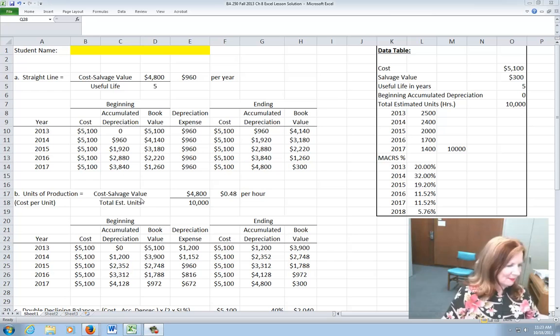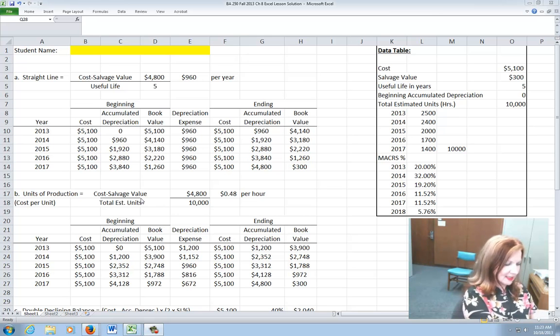So as I look at the book here, same as you would be, ATC 810 says Short Company purchased a computer on January 1, 2013 for $5,000. An additional $100 was paid for delivery charges.